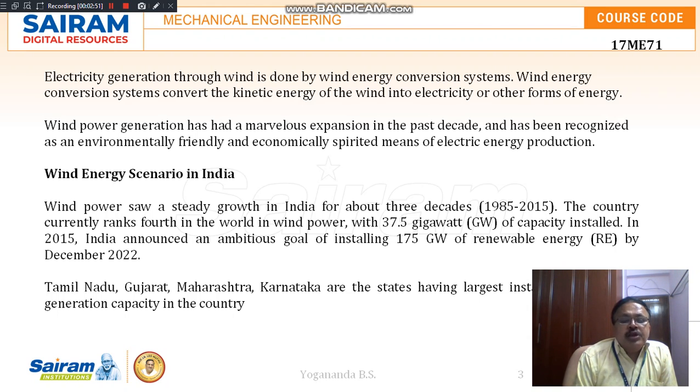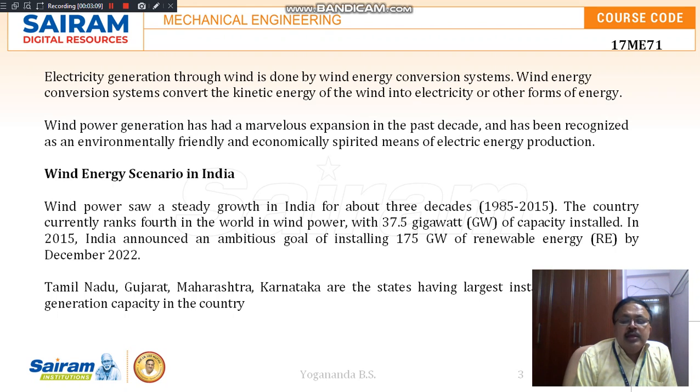So, what is the wind energy scenario in our country? In the past 3 decades, from 1985 to 2015, we are seeing constant growth in utilizing the wind power effectively.